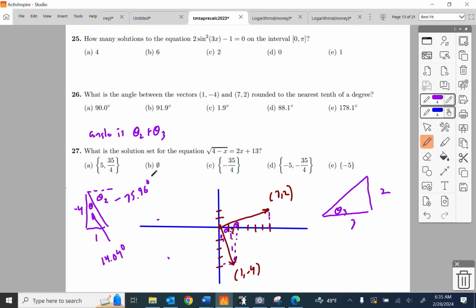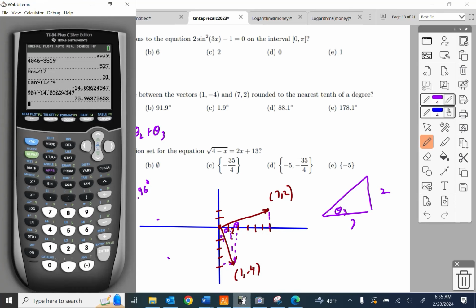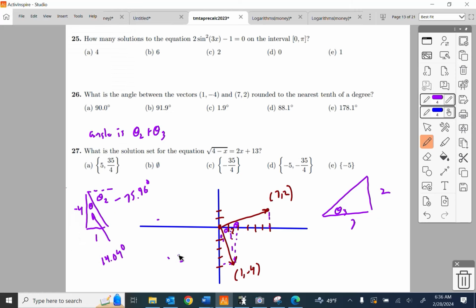All right, now I'm over here. The reason I'm doing this is because we haven't talked about vectors yet, and I don't want to blow your mind with a formula. Arctangent of 2/7. It's the longest way to do it. 15.95 degrees. So I'm going to put those two things together.